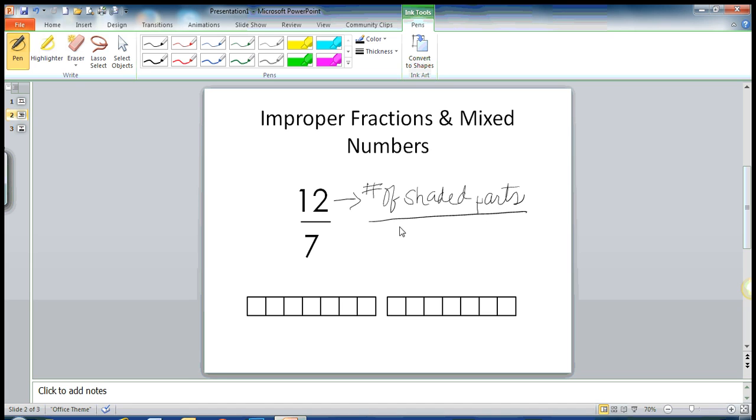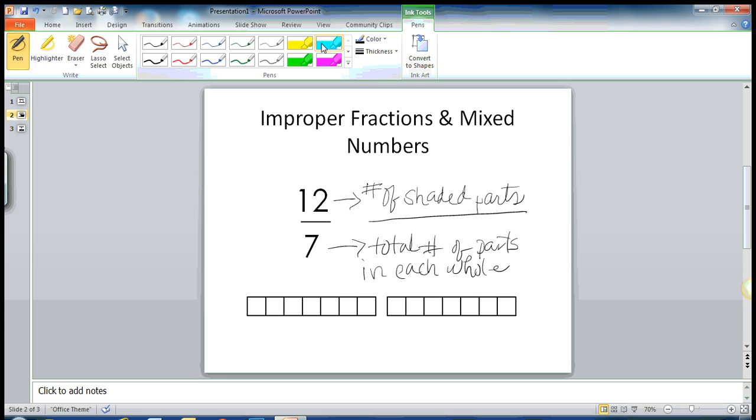Then the denominator, which is our 7 here, tells us the total number of parts in each whole. Alright, so let's see how that would look on the model.